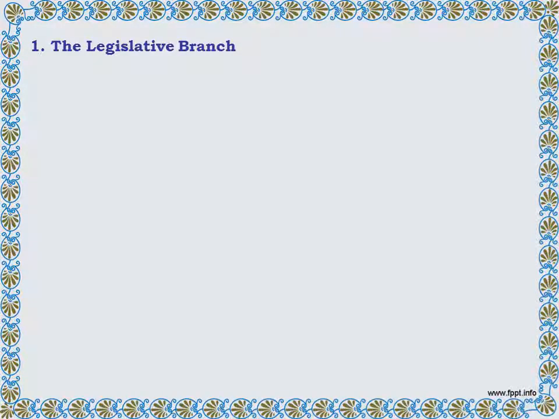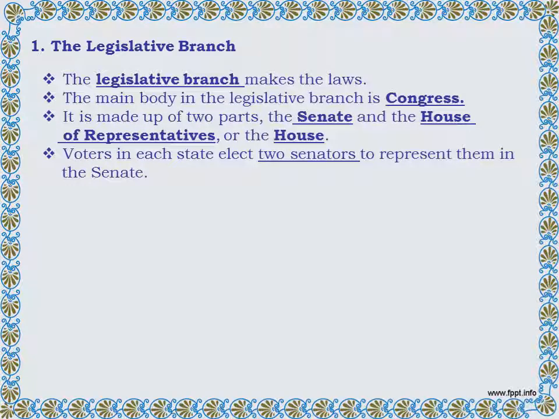Let's find out more grade 4 about the legislative branch. The legislative branch makes the laws. The main body in the legislative branch is Congress. It is made up of two parts, the Senate and the House of Representatives or the House. Voters in each state elect two senators to represent them in the Senate.